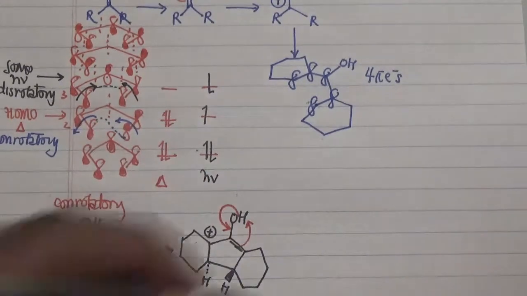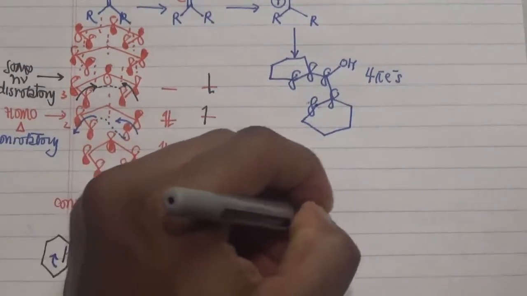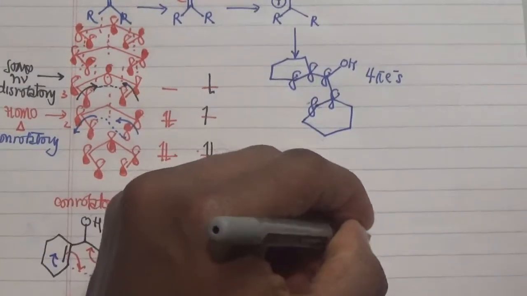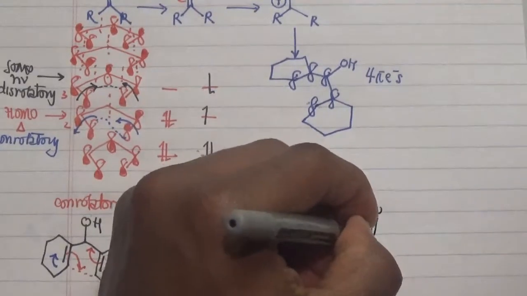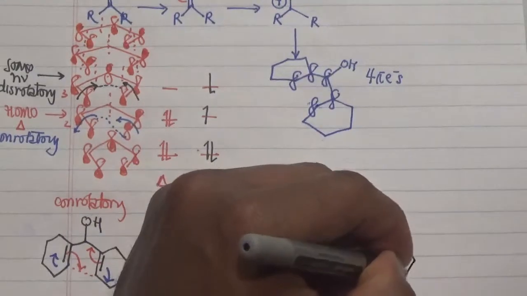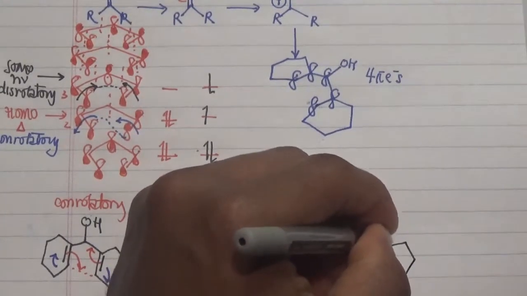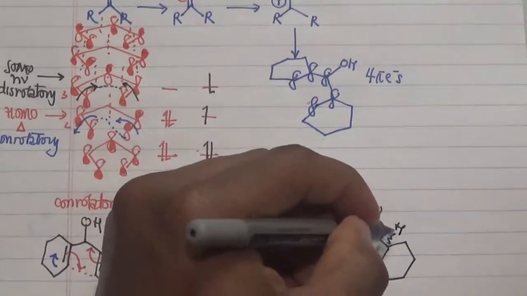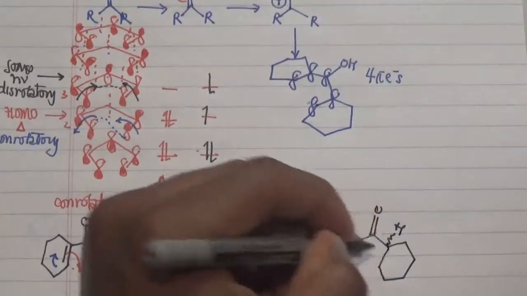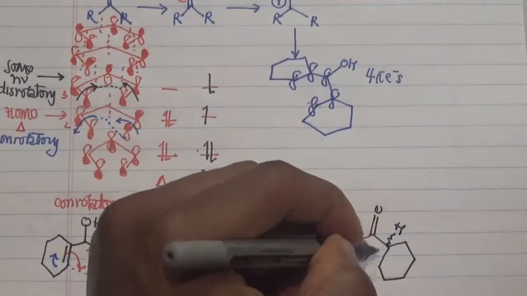So what we have is another intermediate where we have the formation of our carbonyl here, and on the other side we do have our proton, which could either be front or back, represented by this wiggle symbol.